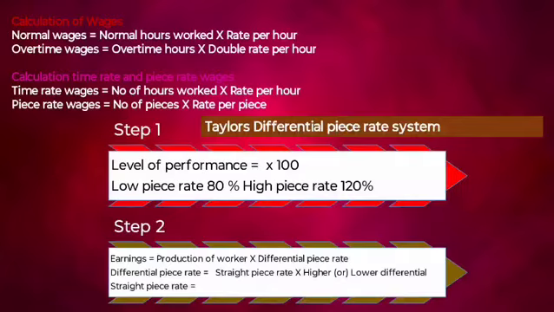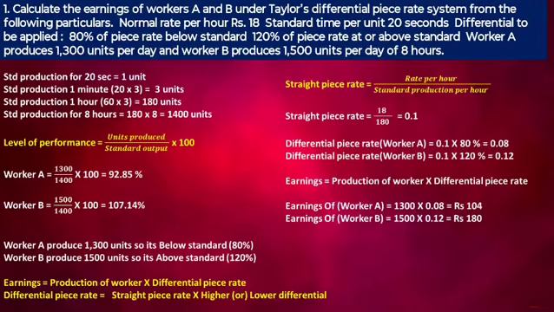Step 1, as I already explained in my previous videos, the high piece rate goes as 120% of the straight piece rate and the low piece rate goes as 80% of the straight piece rate, which are usually employed. This method is intended to reward efficient workers and to penalize substandard workers. The assumption is that slow workers also will try to improve and attain the standard to earn more.